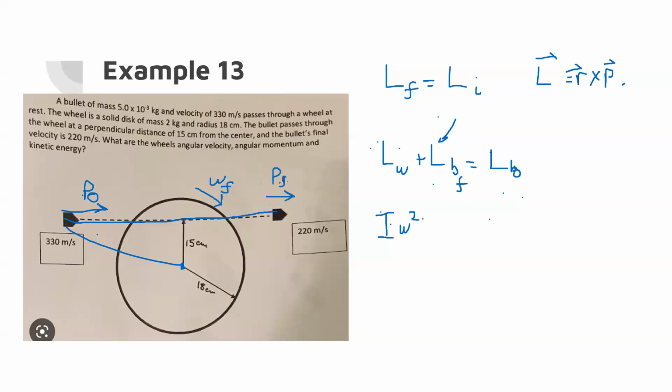And this one is very similar to how we do torques. Since we're doing a cross product, I go from my axis of rotation, and then my line of action for the final and initial momentum is going to be where that dotted line is already, so I didn't have to draw it. And I go that shortest distance from my axis of rotation to that line, and so I want this distance, which it tells me is 15 centimeters.